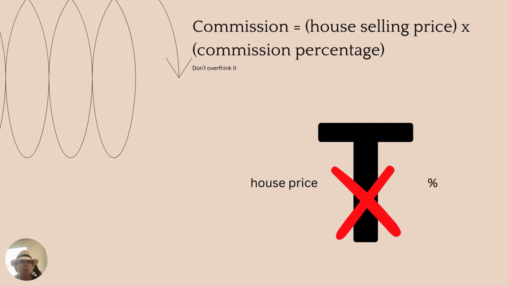If you're able to see the problem and figure it out that way, go ahead. If you need the T-chart, it is okay to use it. I'm going to do both ways, but when it comes to commission math, just remember the house price times the percentage is going to give you the commission. We're going to do some problems and dive in, and you guys will be just fine.